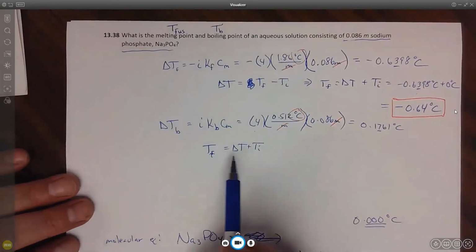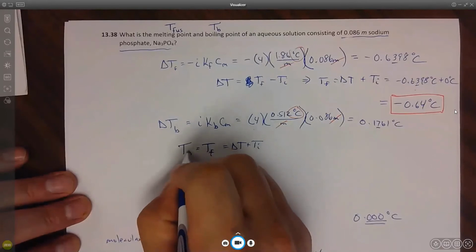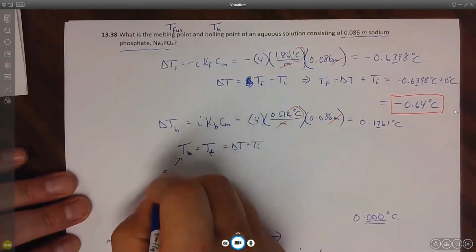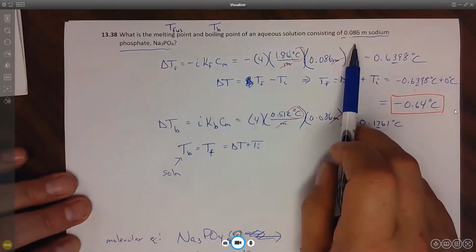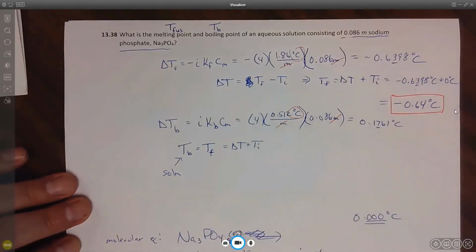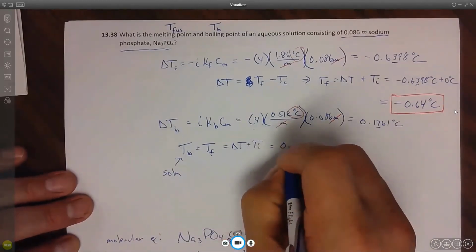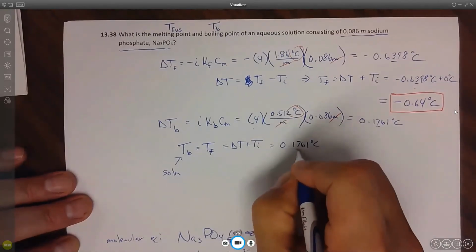Okay, so in this case, this final temperature is actually going to be equal to the boiling point of our solution, right? So this is the new boiling point of the solution, that 0.086 molal sodium phosphate aqueous solution. So that then means that this was our 0.1761, okay, to 2 sig figs.